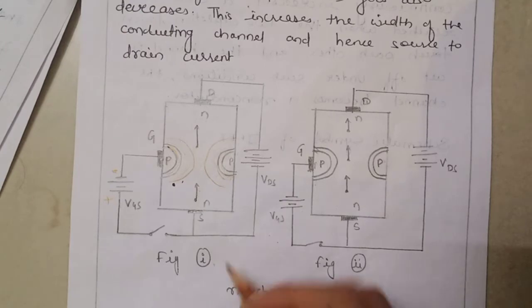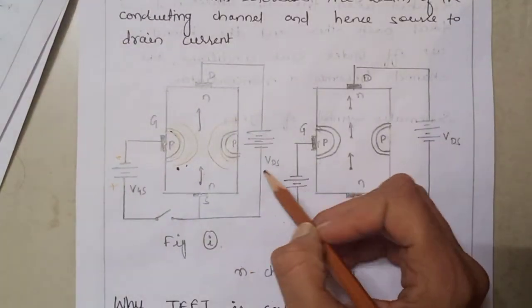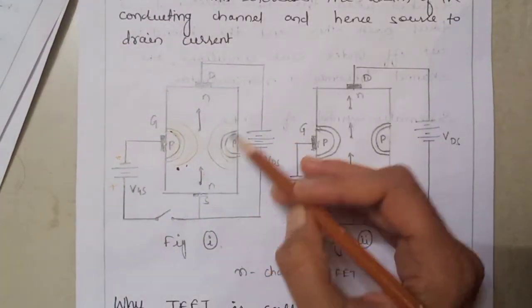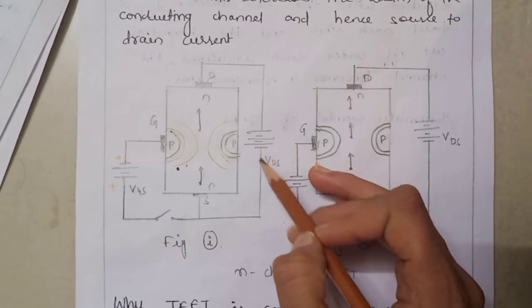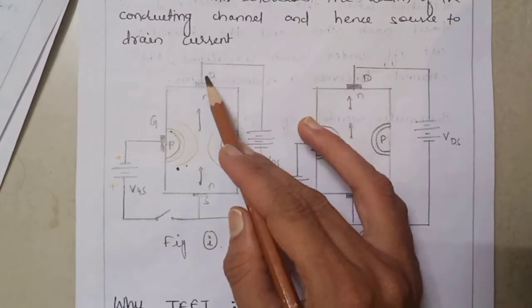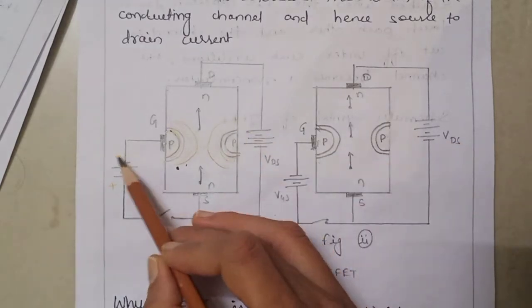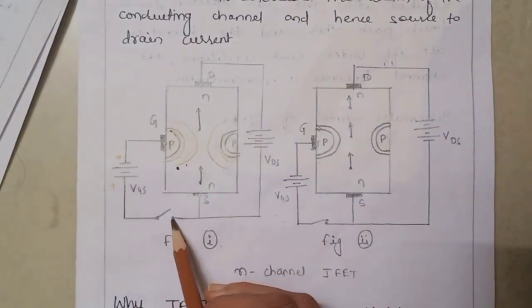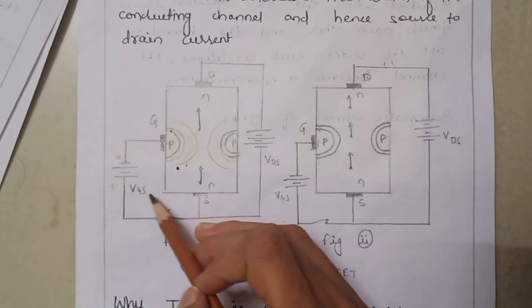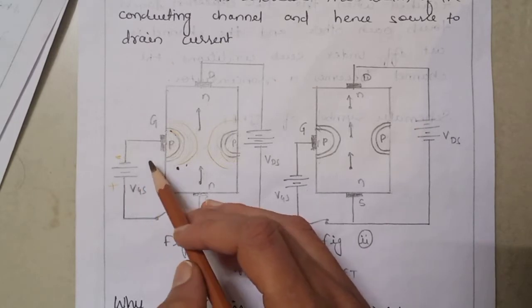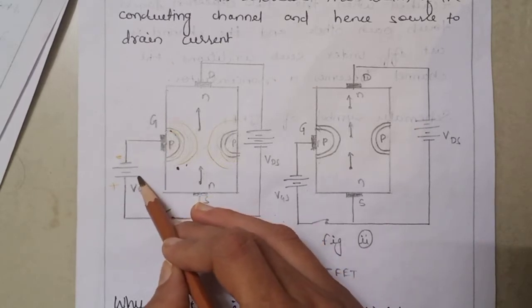Now a voltage VDS is applied between the drain and source. Suppose I haven't applied any VGS, I have kept the switch open, that means the voltage on the gate is 0.